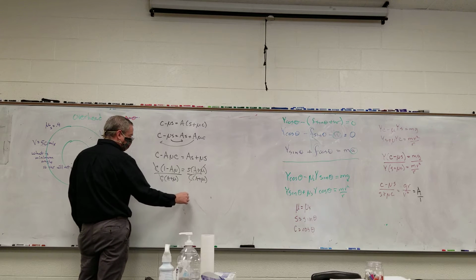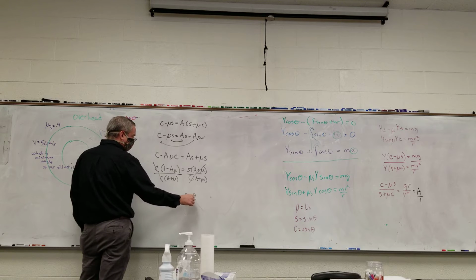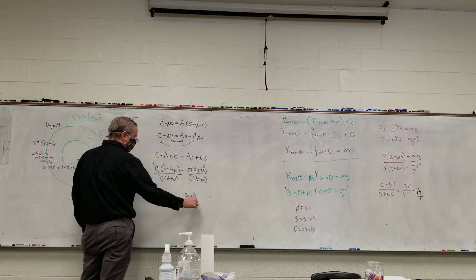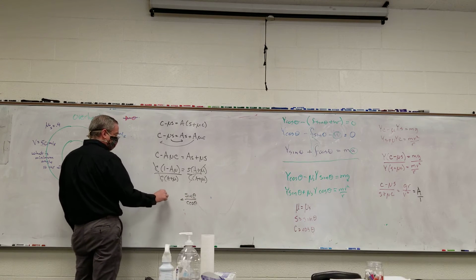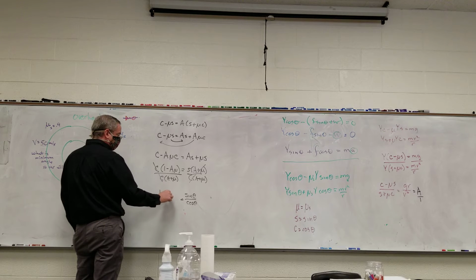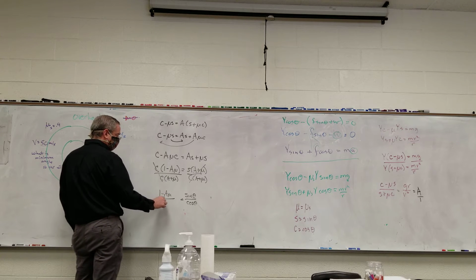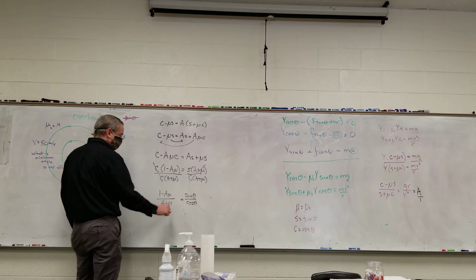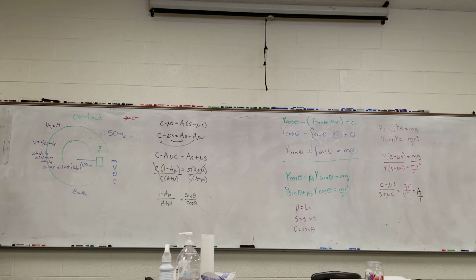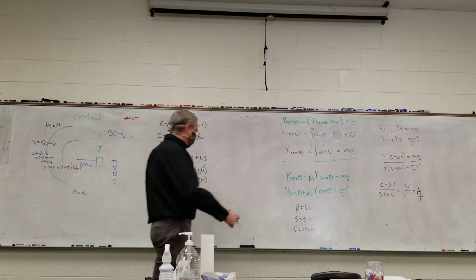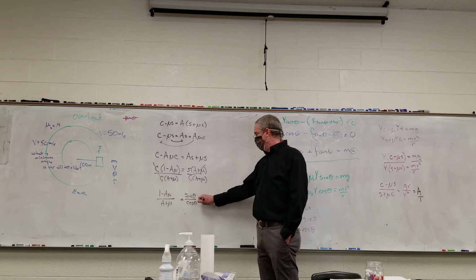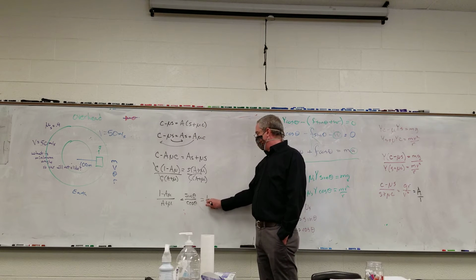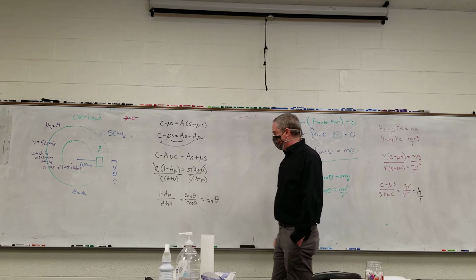So I'm left with sine of theta over the cosine of theta is equal to 1 minus A times mu over A plus mu, hoping I haven't made a careless error. We'll soon find out. That's equal to the tangent of theta.